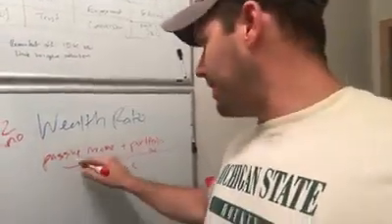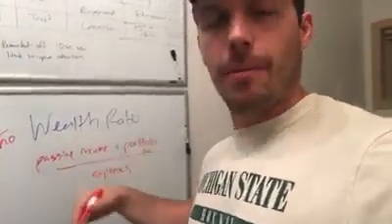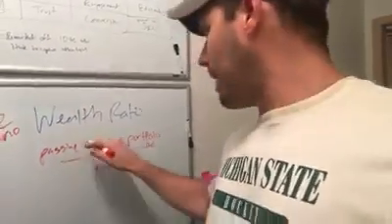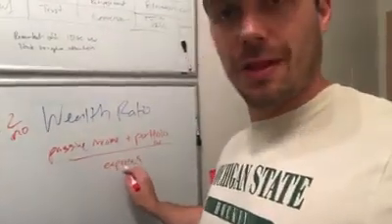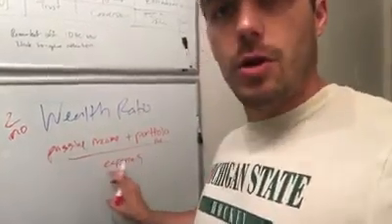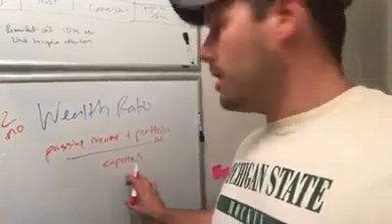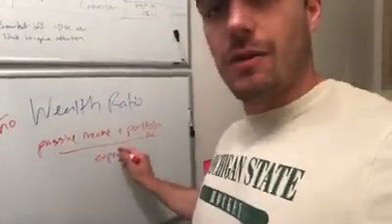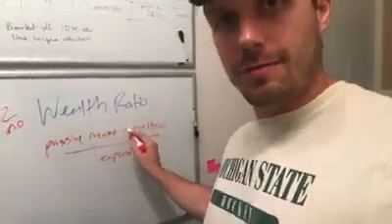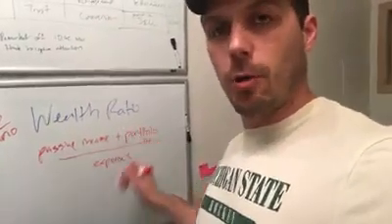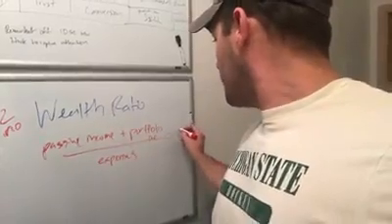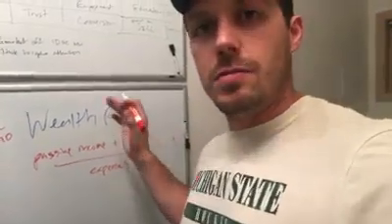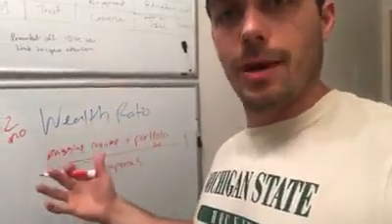You have enough investment income, passive income, rental properties, self-storage units, whatever it may be, paying you more than your living expenses every single month. So if you lost your job or your business, your expenses are still covered every month by your passive income and your portfolio income. Again, you want something above 1.